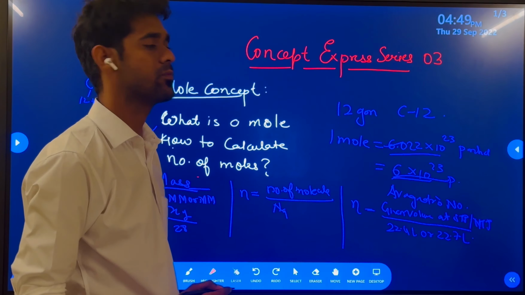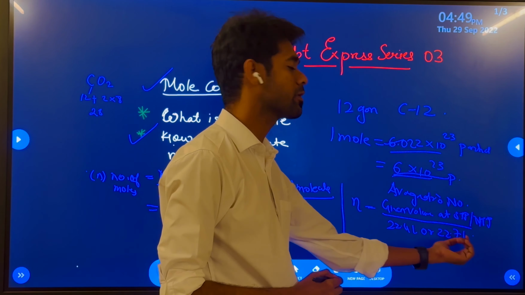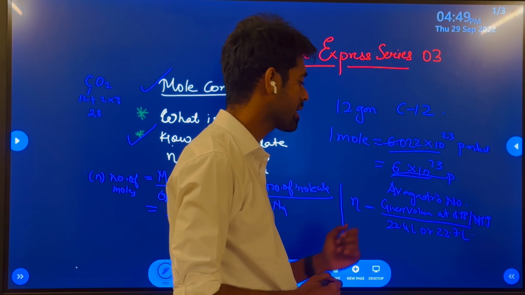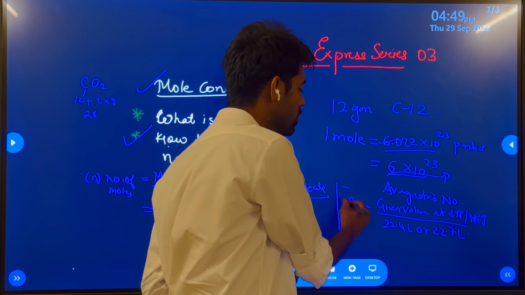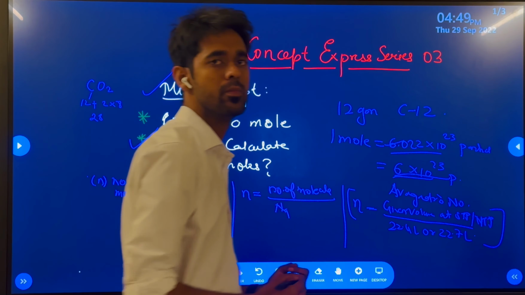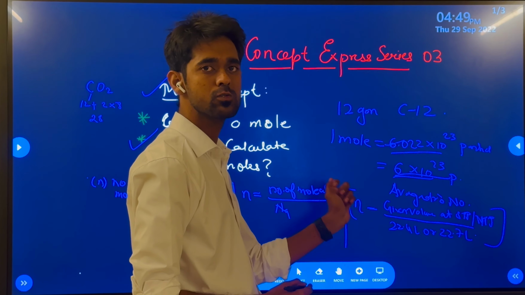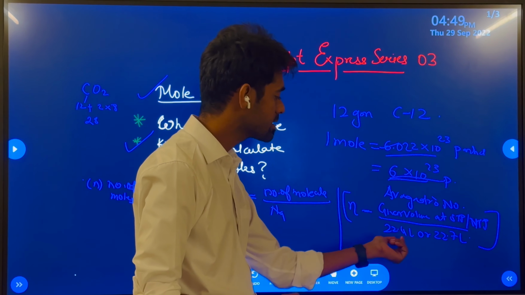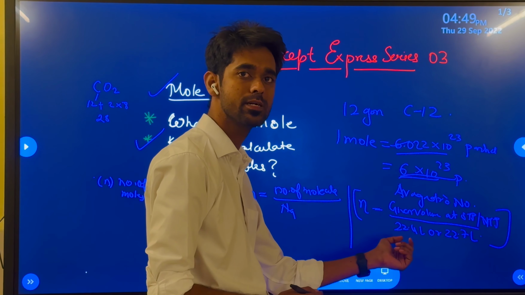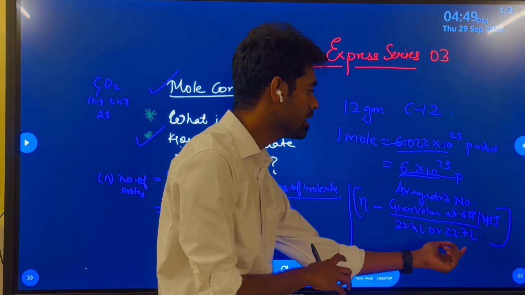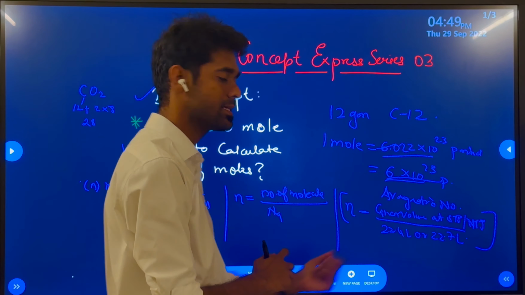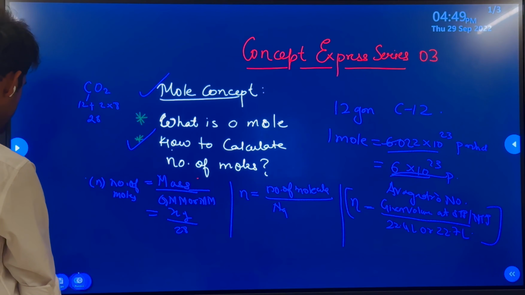Now, how will I decide whether I have to go for 22.4 liters or 22.7 liters? I am going to come back to this. But this is when they have given you a gas in terms of volume. कि चलो 50 लीटर का गैस है, उसमें कितने moles आ रहे हैं? So you just need to divide it either by 22.4 liters or by 22.7 liters. That's it. Let's move ahead.